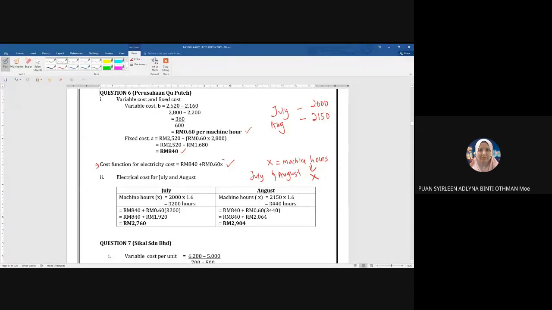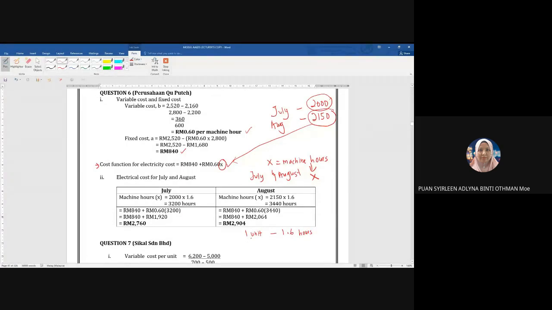Your X dekat sini bukan unit produce, you guna machine hours. So saya kena tukar unit ini kepada machine hours dulu, baru boleh masukkan dalam X. Dia bagi tahu satu unit barang perlukan 1.6 hours.